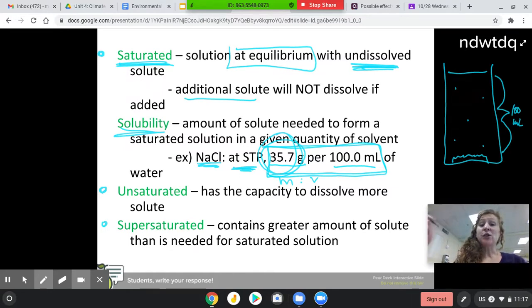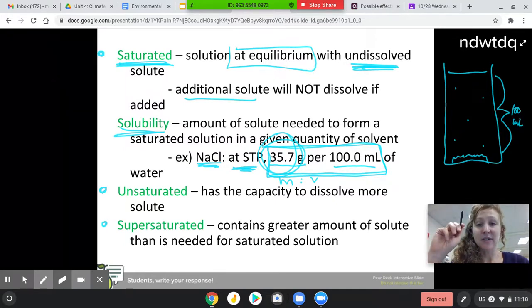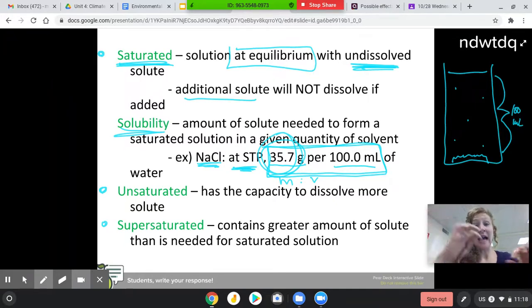Well, if I supersaturate the solution, what that means is I can put another packet of salt in and it will actually turn into ions instead of settling to the bottom. Now, this only happens under very specific conditions, as you might expect, because if it happened all the time, it would just adjust our solubility, right? So it only happens under very specific conditions.